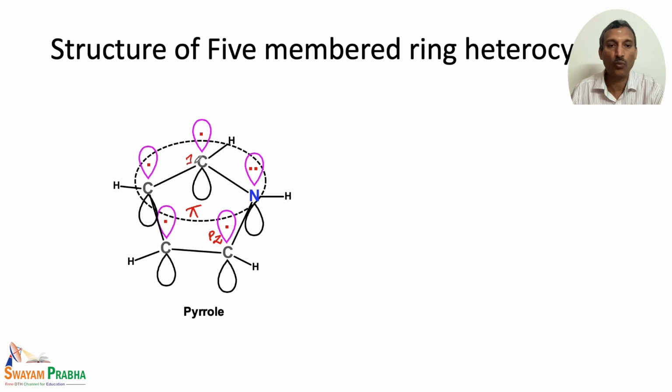Here we have 1, 2, 3 and 4 carbon atoms, each contributing 1 p electron. So, that means 4 plus 2, total we have 6 pi electrons. That is why this actually forms the aromatic pi ring system.